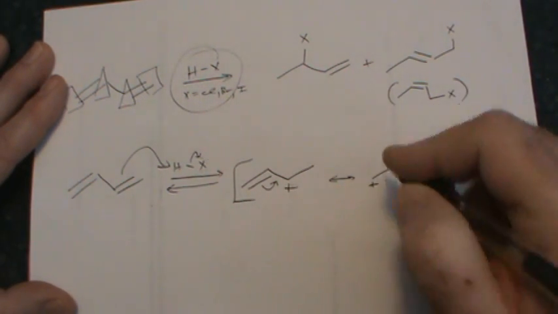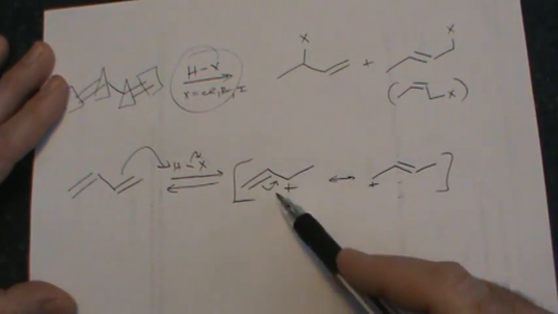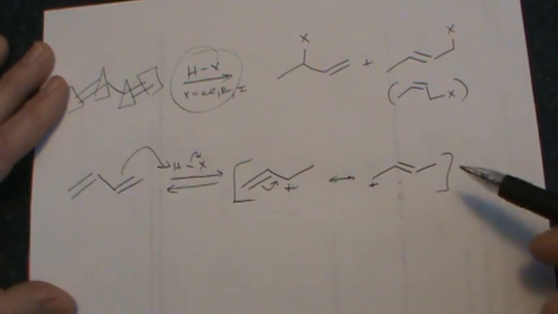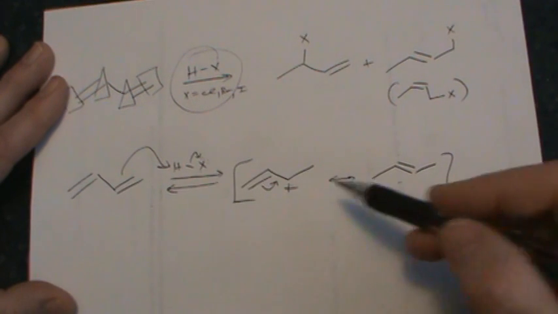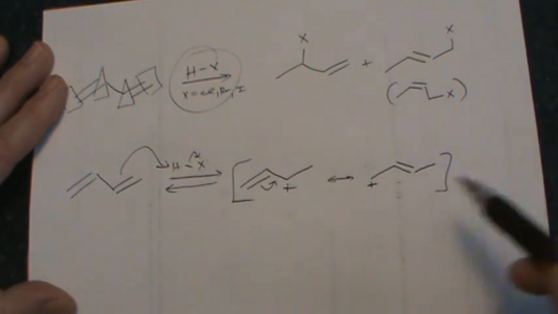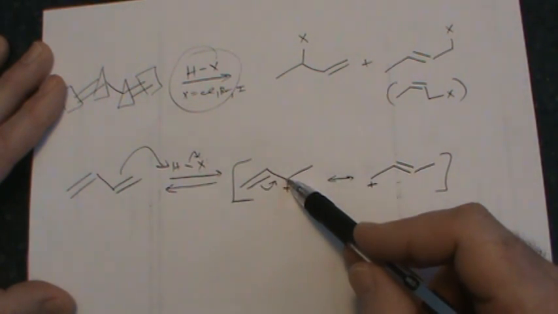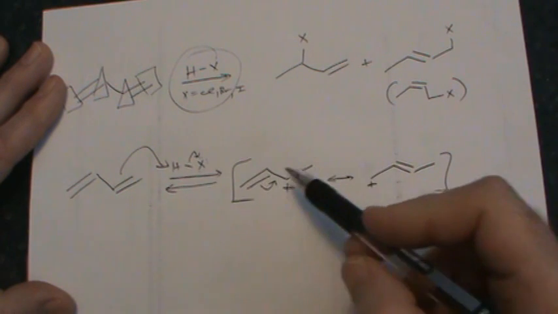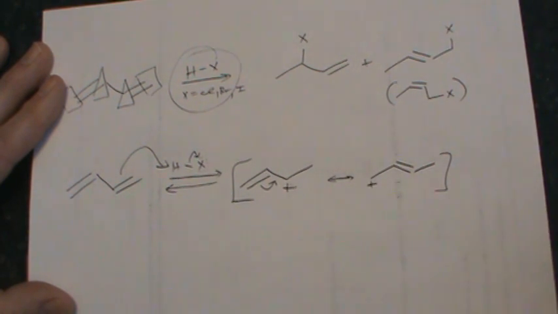And it's important to remember that these are resonance forms, so these are not two distinct molecules or two different molecules, they are just one molecule. We need two resonance forms to describe this one molecule, which means that the charge is not located at that carbon some of the time and at that carbon some of the time. The charge is located at both carbons all of the time.